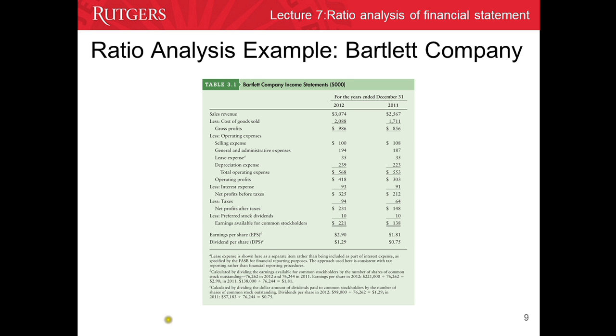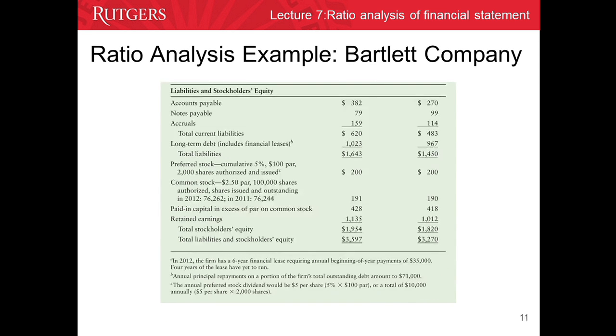Then we can find the principal payments in the balance sheet here in the footnote. The annual principal payments on a portion of the firm's total outstanding debt amount to $71,000. And then we add the preferred stock dividends.